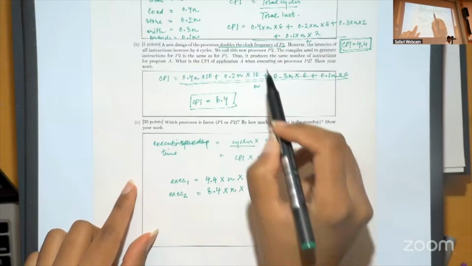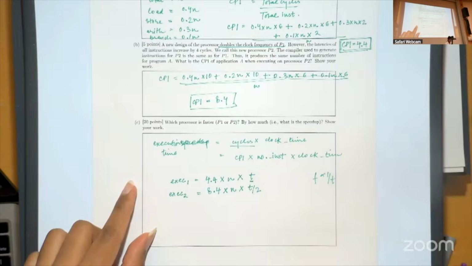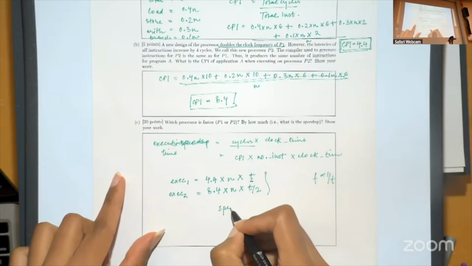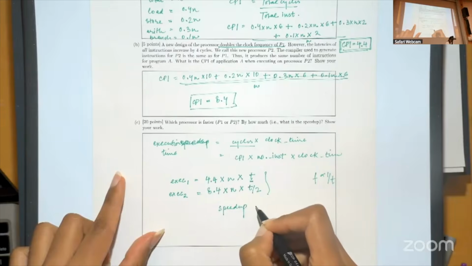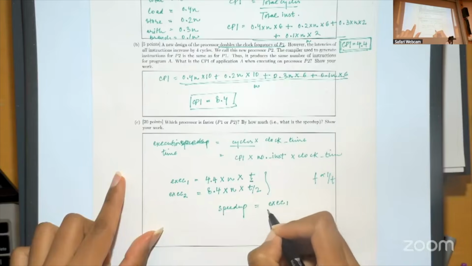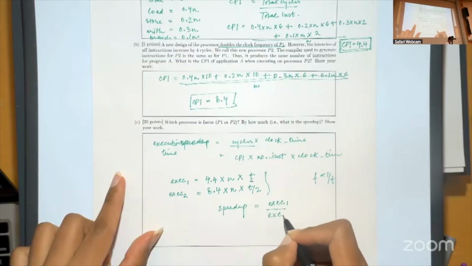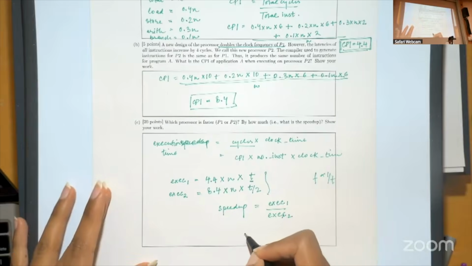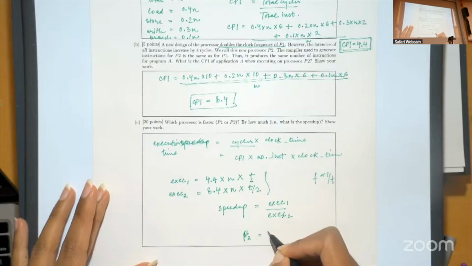So this was the motive of giving that. Now we have both execution times and we can do the speedup. Let's say execution time 1 divided by execution time 2. And if you do that, you will get that processor 2 is 1.25x faster than P1.